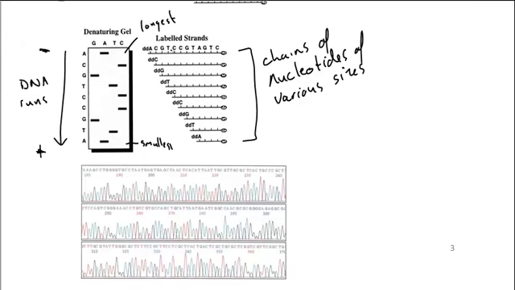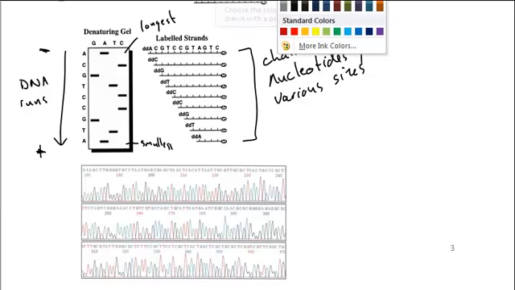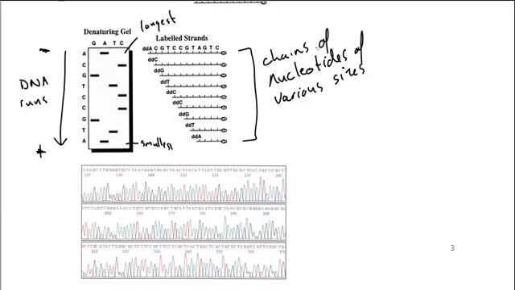And they look at the fragments based on the color of fluorescence on them, and they can tell, okay, this longest chain ends in an A because it fluoresces the color of the A, which typically is taken to be green.